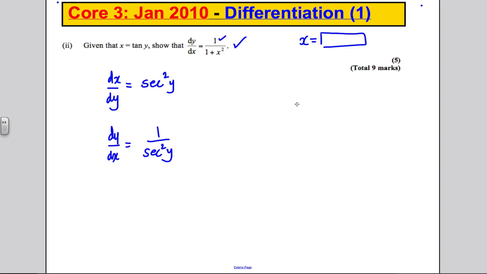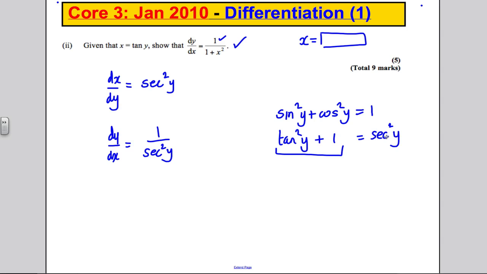Well, if you remember some of your identities, do you remember that sine squared y plus cos squared y is equal to 1. So if you divided everything by cos squared y, you get tan squared y plus 1 is sec squared y.